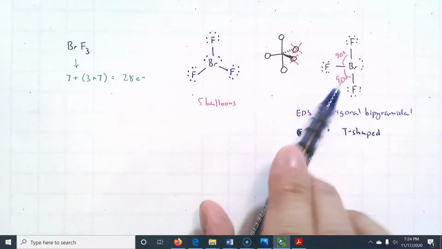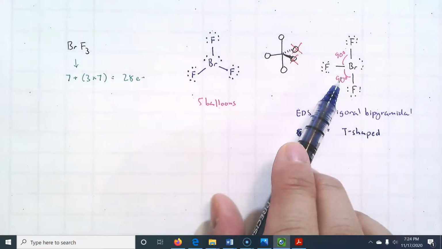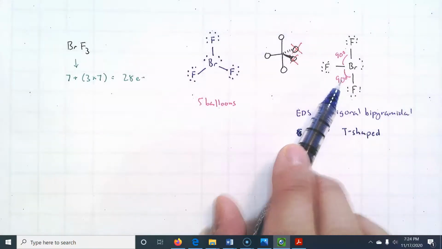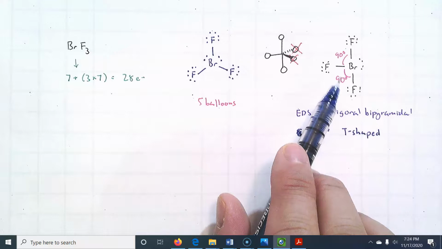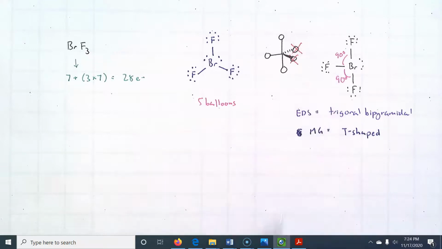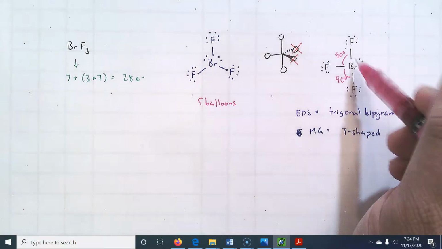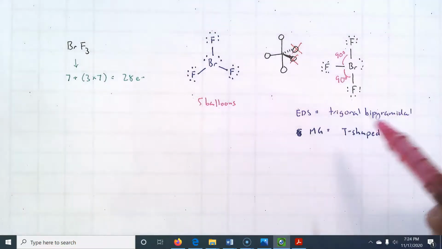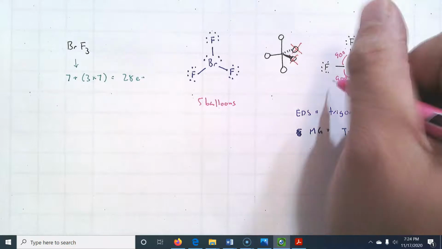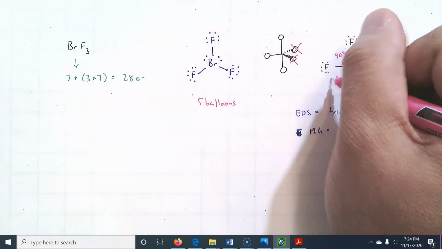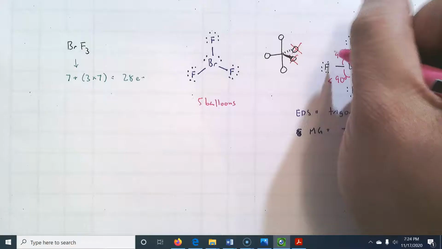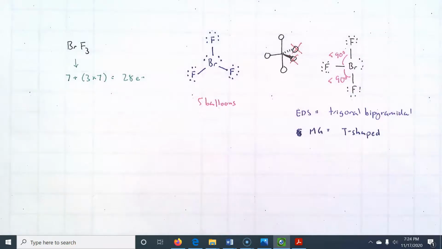Now, are these angles perturbed? Are they deviating from 90? Actually, they are, because these lone pairs are pushing the bonds a little bit closer than they want to be. So let me put here a less than 90 degrees. Less than 90 degrees. Okay.